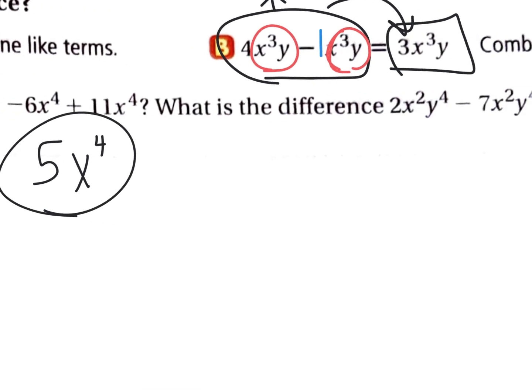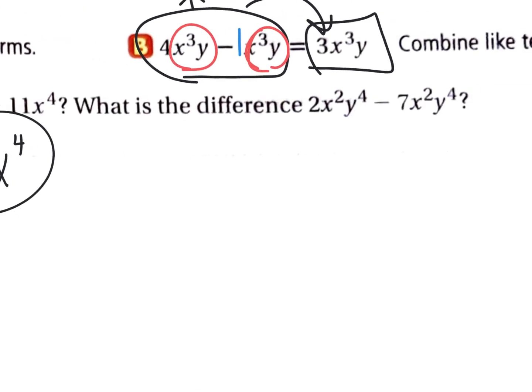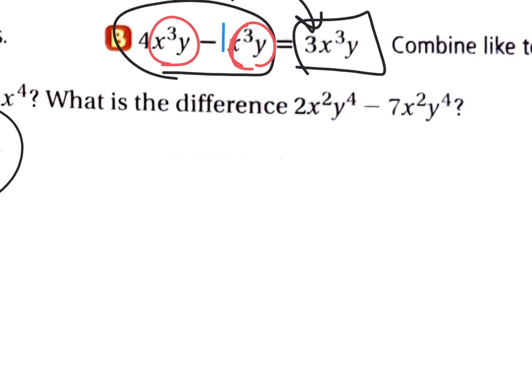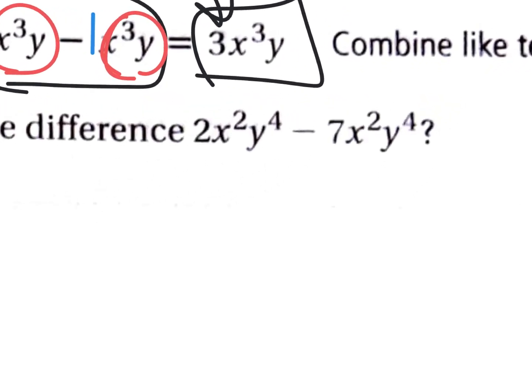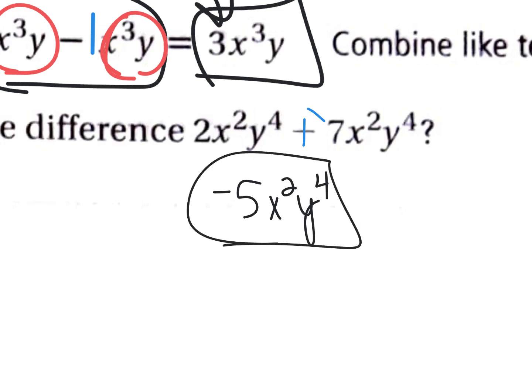And then the next question, what's the difference of these? Finding the difference, just like we did with subtracting integers, if you want to add the opposite, you can. So this is kind of like 2 plus negative 7, would be negative 5x squared y to the fourth. Since those variable parts are identical, they're like terms, and we're able to combine them together.